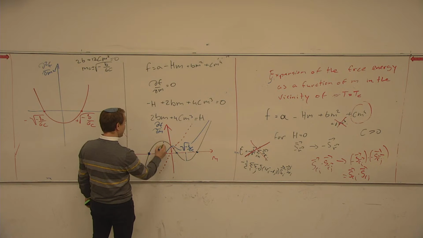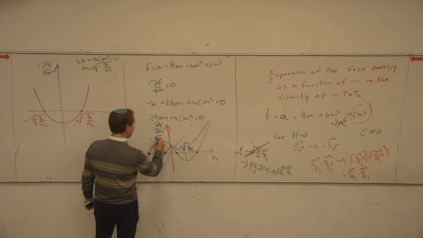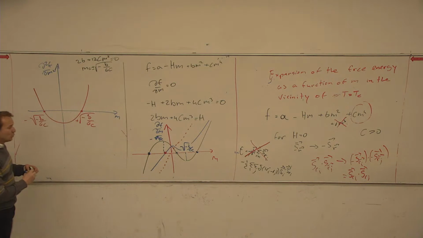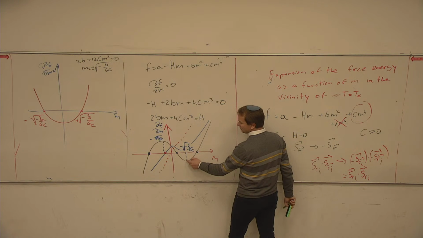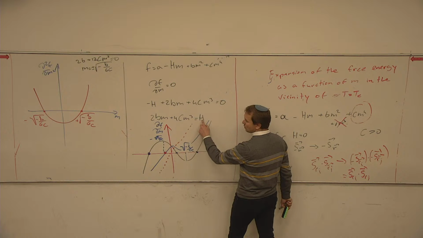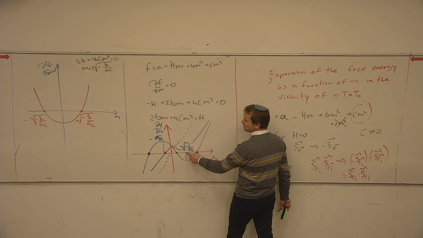And this one appears at minus the square root of minus b divided by 6c. We're only interested in when this minima, which we know exactly when it happens, equals exactly 0.